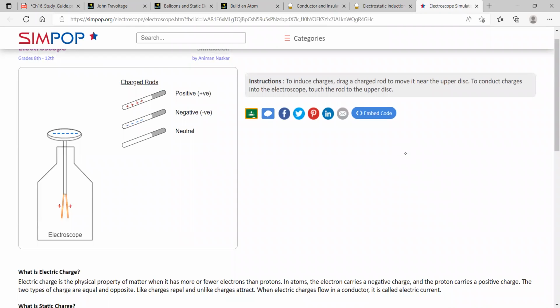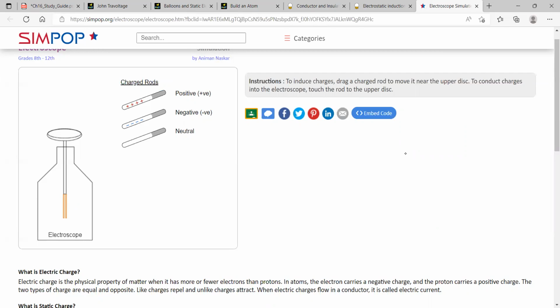So you see that the electroscope has two gold leaves, and the gold leaves are connected to the metal rod, and then it is inside a glass beaker. Now how does it work?